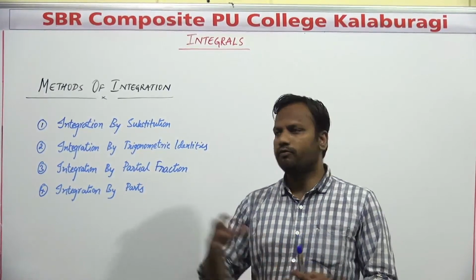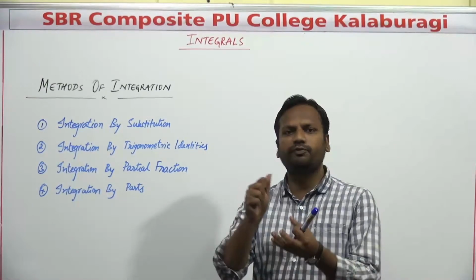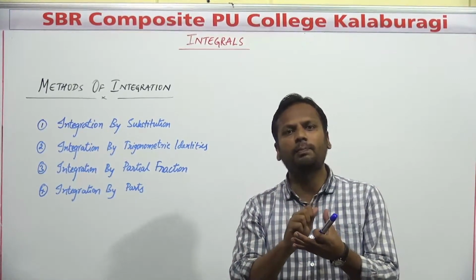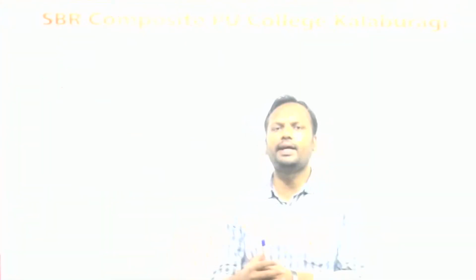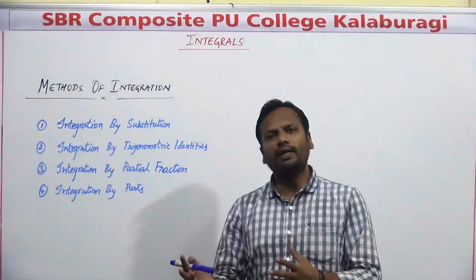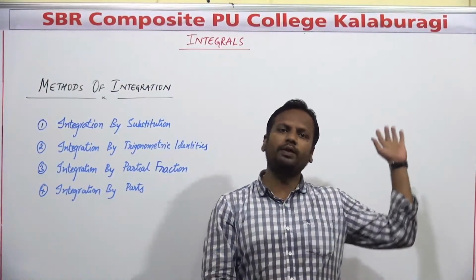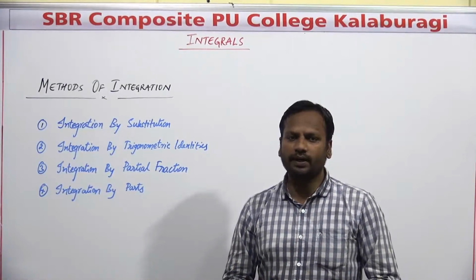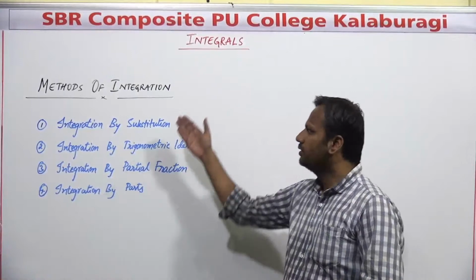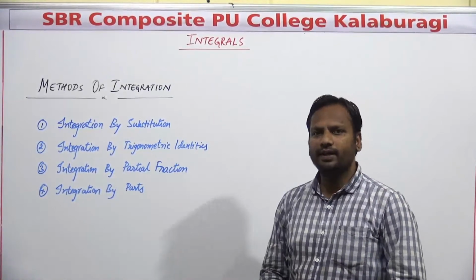So if we use these methods for complex integrands or complex functions, it becomes an easily integrable format. When it becomes easily integrable, we can use those 15 formulas and apply the integration process again. Got it? So we are using these methods of integration.